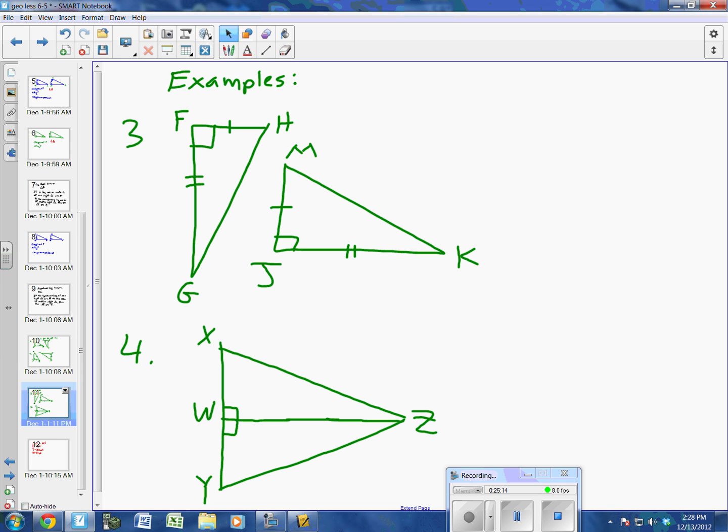Partner, someone got this? Leg, leg, leg, right?